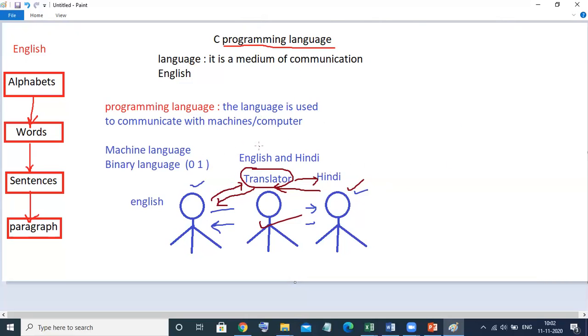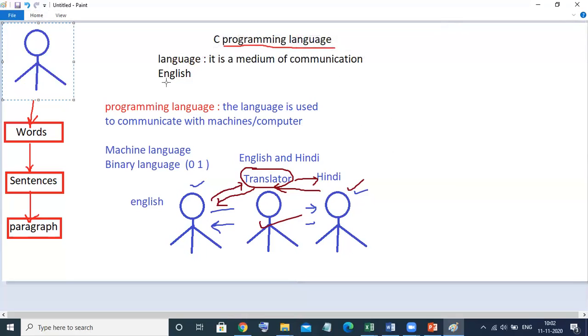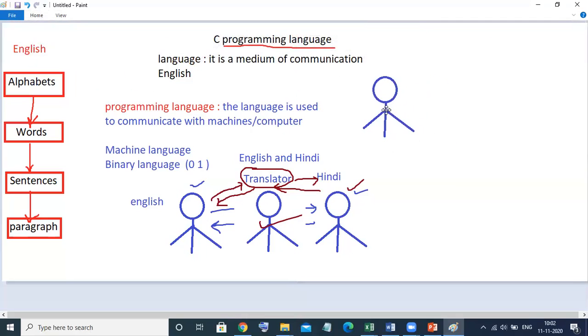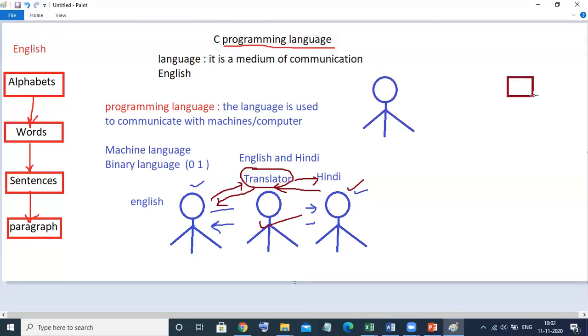Now exactly the same situation arises whenever we want to communicate between us and the machine. The exact problem will be created because the machine can understand only machine language. Suppose this is we, and suppose this is a machine, a computer.